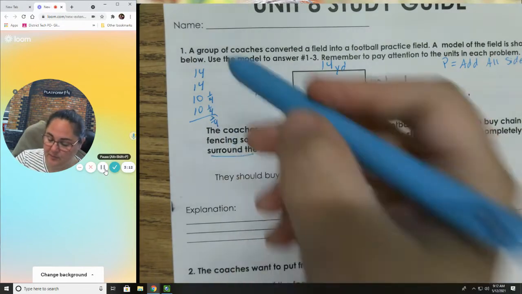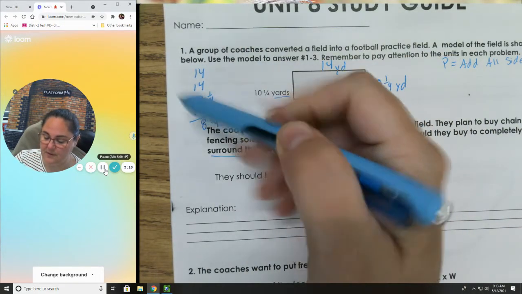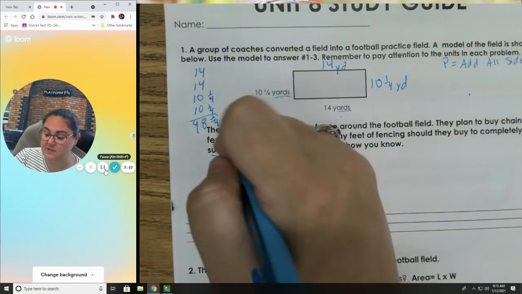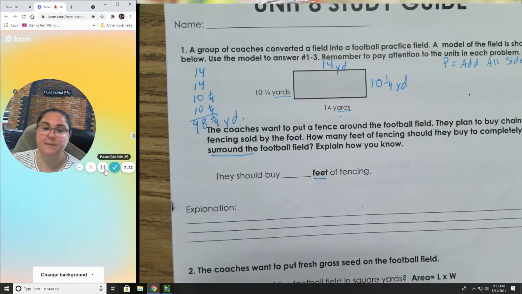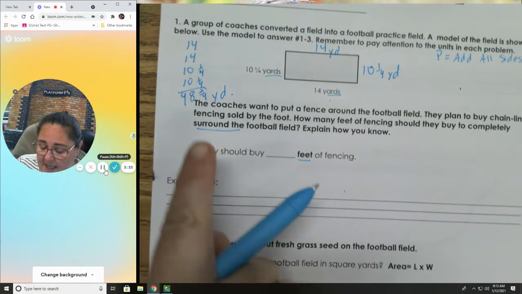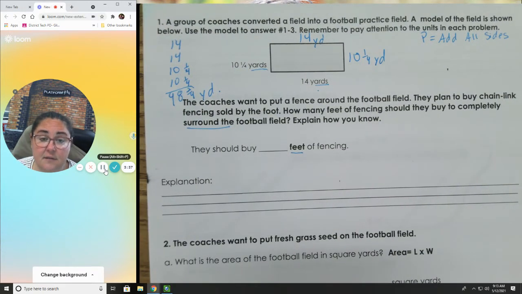All right, 4 plus 4 is 8. 1, 2, 3, 4. So my answer is 48 2/4 yards. But my question says feet. So now I need to do another step. I need to take these yards and convert it to feet.